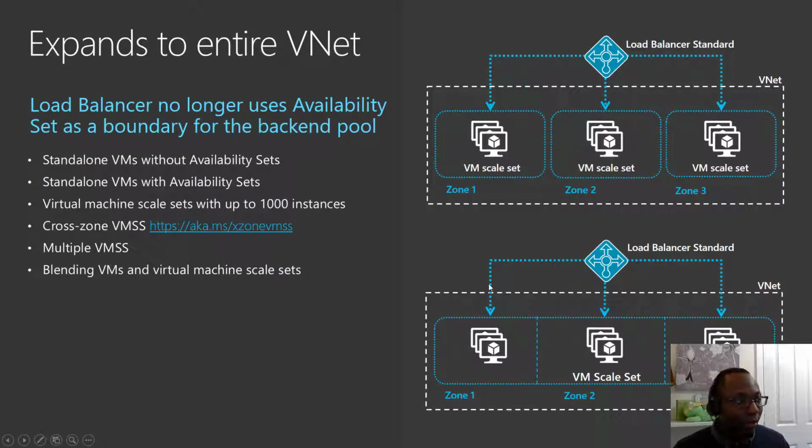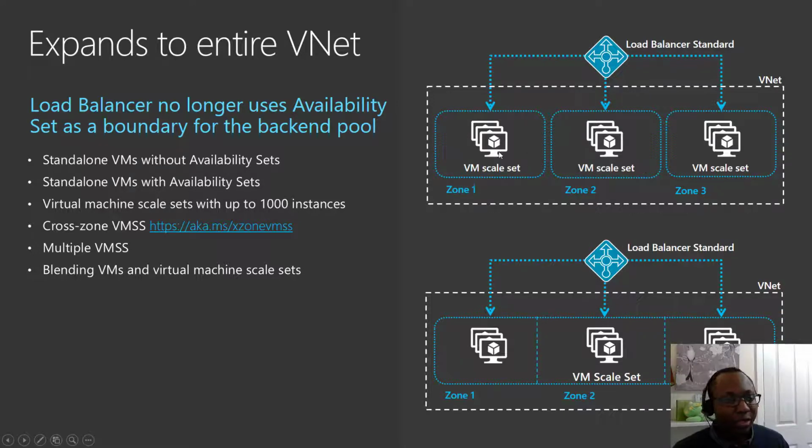Okay, moving on. We mentioned this is a new one. We talked about this when we were looking at the timeline. So this is a new feature that's currently in preview that hopefully will GA very soon. With standard load balancer, you can have your VM scale sets across different zones at the moment. But what's coming is you'll be able to create a single VM scale set that's going to cover all three zones.